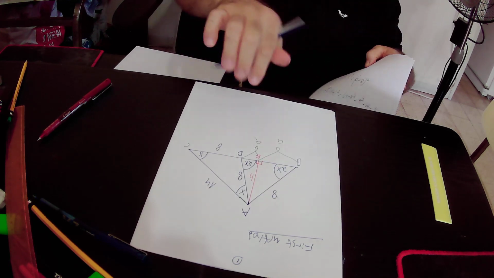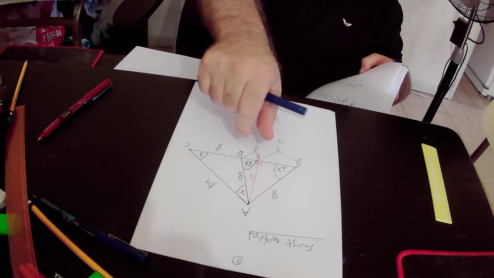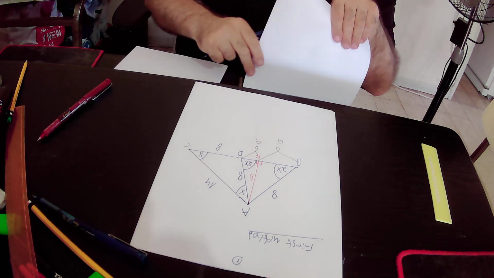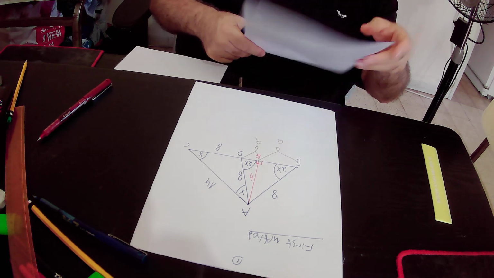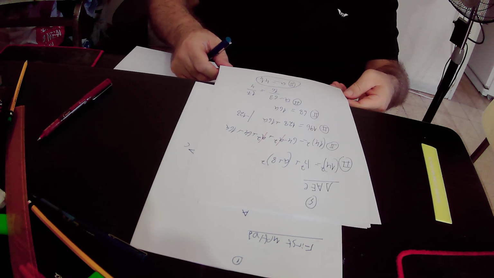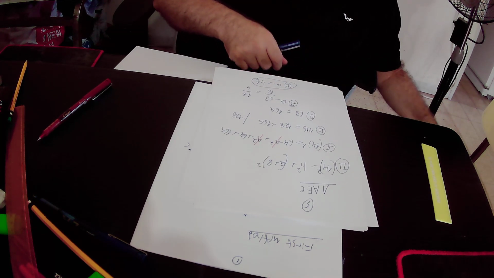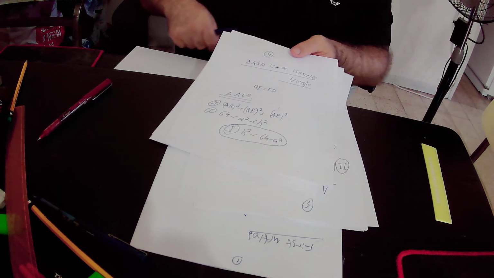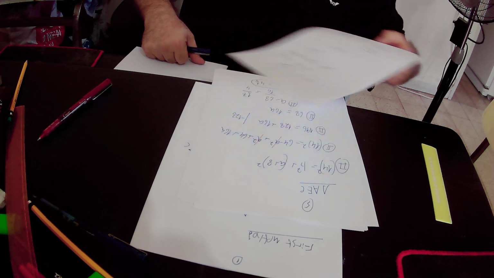Okay, the value of a: BE equals a and ED also equals a. They are equal to 4¼ units, and from equation number 1 we know that h squared equals 64 minus a squared.